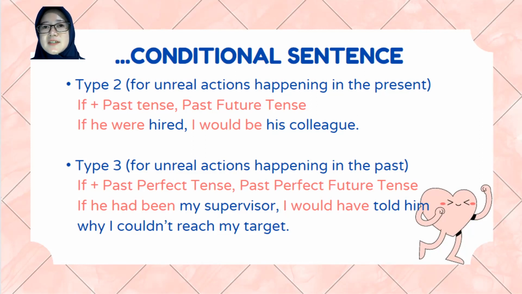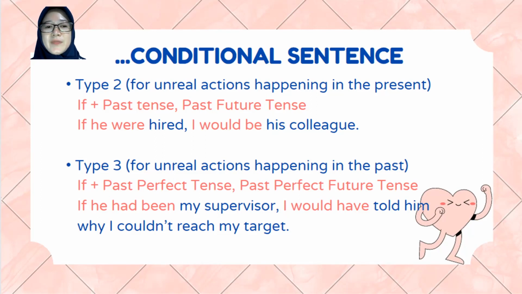I would be his colleague. Also use the past future for something that you would do, but it's impossible, okay, because it doesn't happen or it's not happening at present. So if he were hired, I would be his colleague. Well, it means that he is not hired. So I am not his colleague, or he is not my colleague.